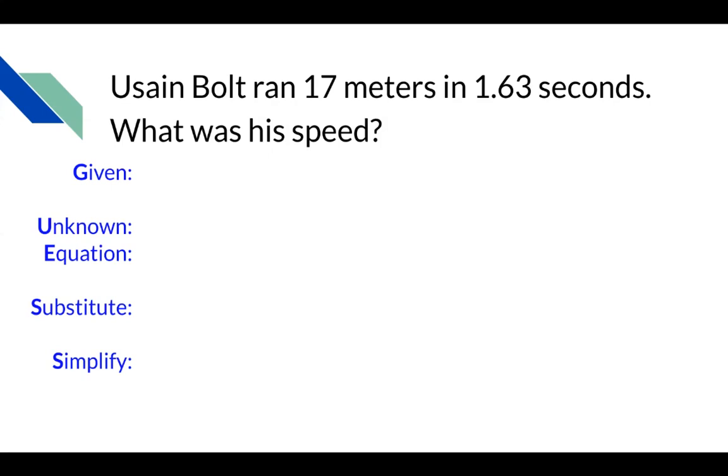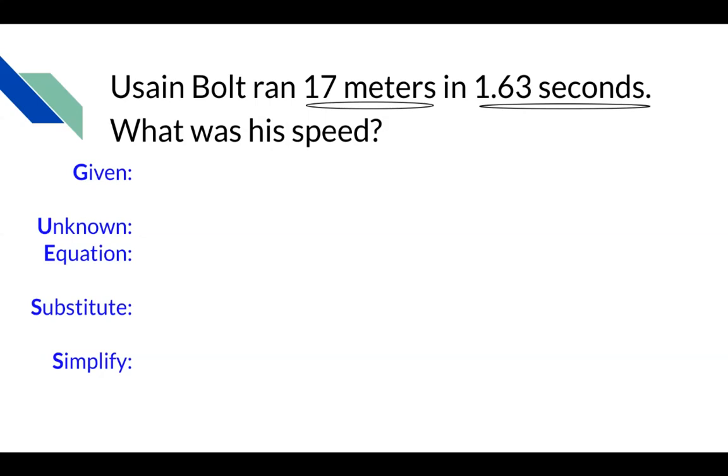So this first time, I just want to make sure you're taking notes and listening so that you can see what I'm doing. As you're reading a problem, you want to identify the given values. I'll give you a hint: it's usually something with a number. If you can find the number, make sure you include the actual units as well. So I see Usain Bolt ran 17 meters.